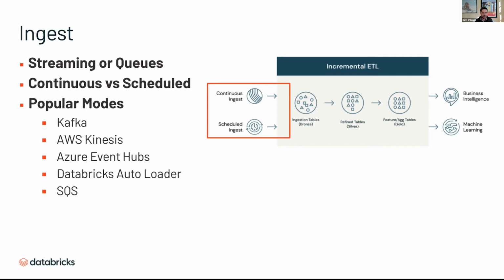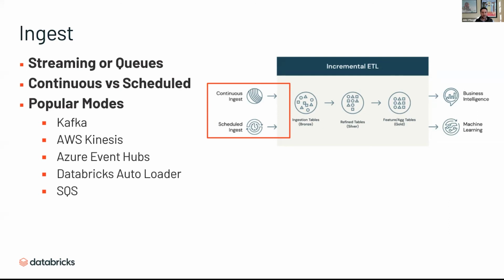It's around streaming ingest or queue-based ingest. These are continuous or scheduled ingest. The difference is, again, based off of if you want to identify when something is finished and for the stream to shut itself down or not. And we'll talk about the functionality of what that looks like in a bit.